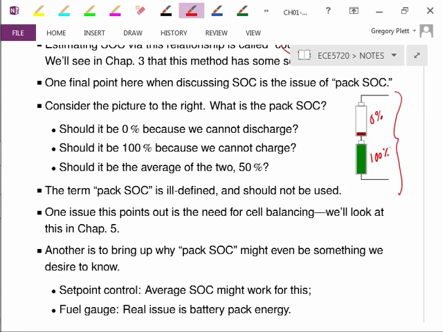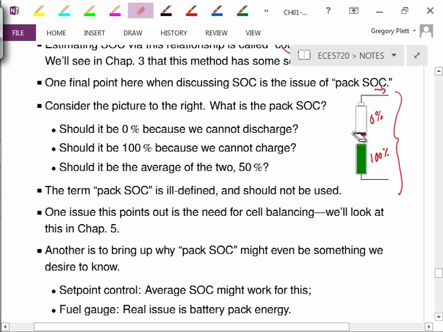One is to take the minimum of the two, because we're thinking that the state of charge tells me how much I can discharge the battery pack. So I could say 0%, because I can't discharge. If I pull any current out of this battery pack, this cell is going to become undercharged, and that's bad.